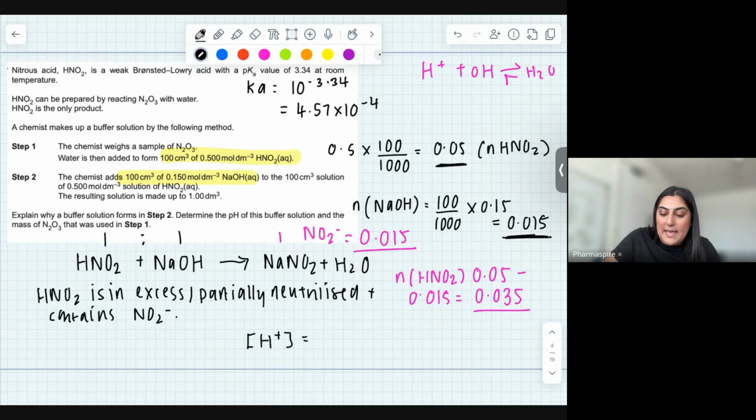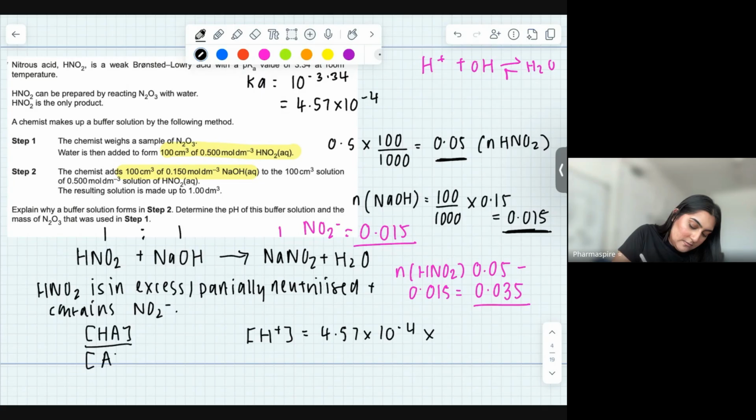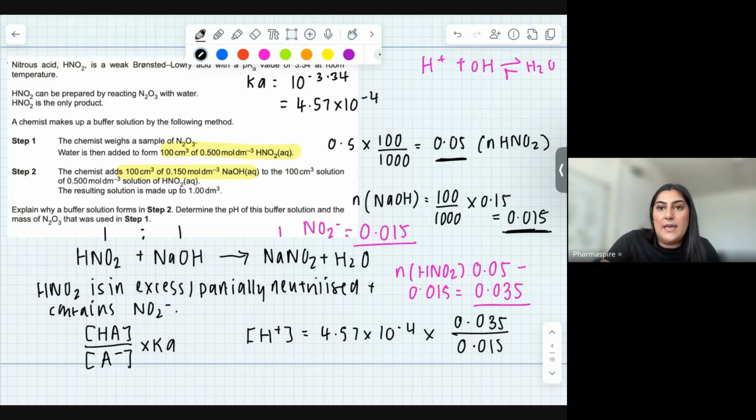I also already know my Ka because I worked it out at the start. So I'm going to do 4.57 times 10 to the power minus 4 times, you do HA over your A minus, okay? That's how it typically is when you rearrange it. So we do 0.035 over 0.015, and you should get your H plus, okay?